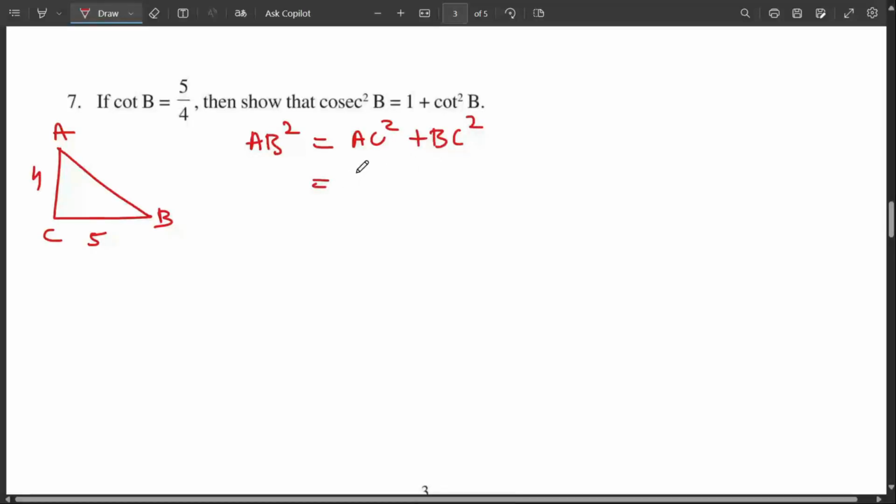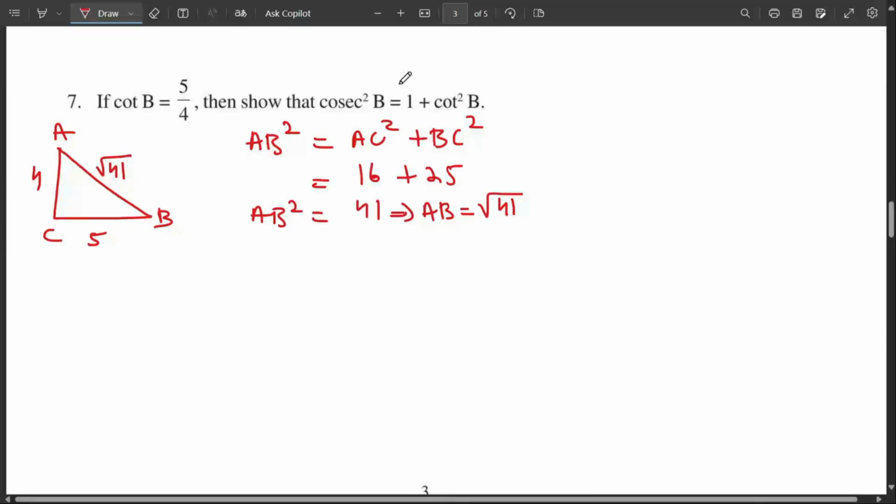AC is equal to 4, so 4 square is 16. BC is equal to 5, so 5 square is 25. So AB square is equal to 16 plus 25, which is equal to 41. This implies AB is equal to square root of 41.